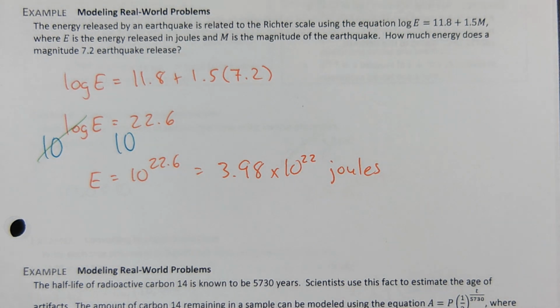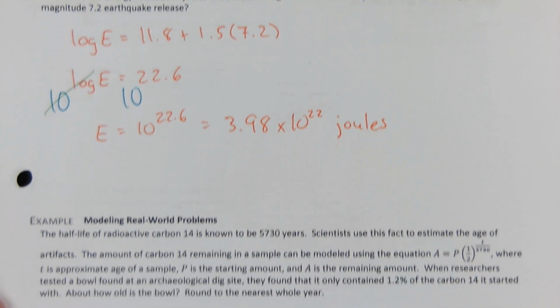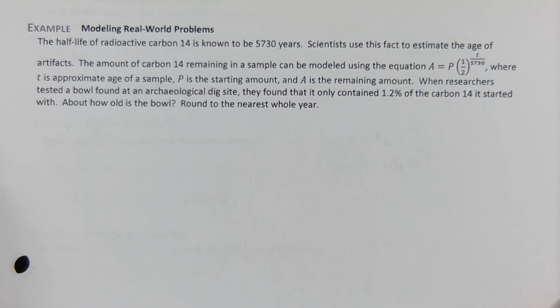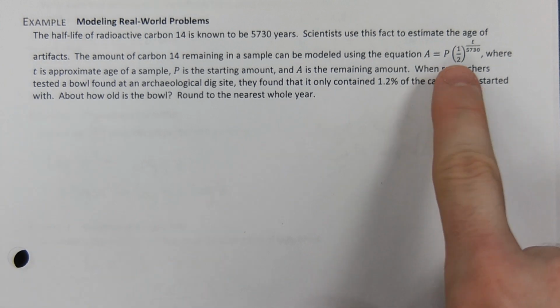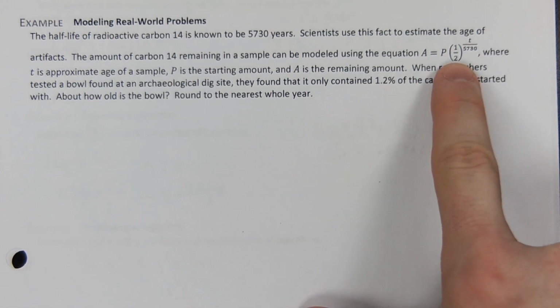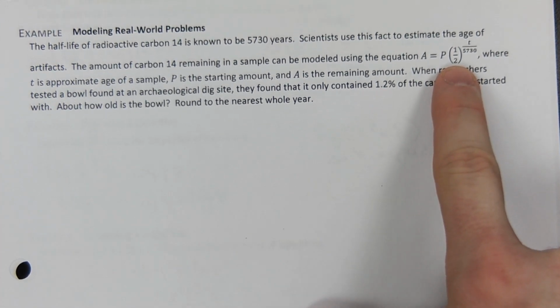How about carbon dating? The half-life of radioactive carbon-14 is known to be 5,730 years. Scientists use this fact to estimate the age of artifacts. The amount of carbon-14 remaining in a sample can be modeled using this equation. Again, I don't need you to have this memorized, I just need you to be able to use it.